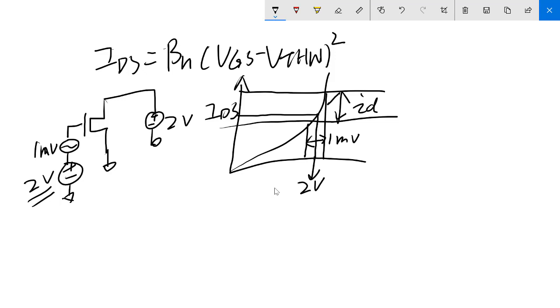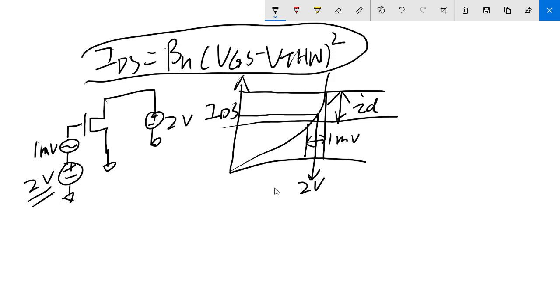Okay? So the square law equation shouldn't be this anymore because this is only in the DC region. But now we have AC being added to this. So finally, we use a smaller i with capitalized D and S to denote a combination of a DC signal and AC signal.